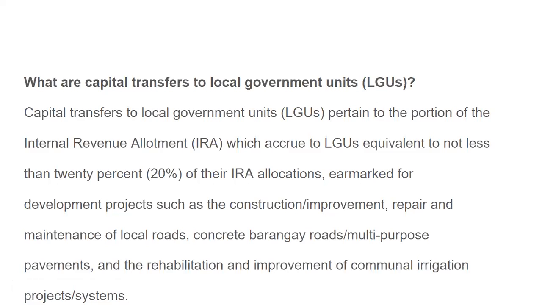Instead of giving that percentage at the national level, it may lower it provided that there is a law or a resolution by Congress that the IRA will be lower than usual. Okay, I think Congress can do that because of the pandemic. They can lower down the budget intended for the local government units as part of the IRA.